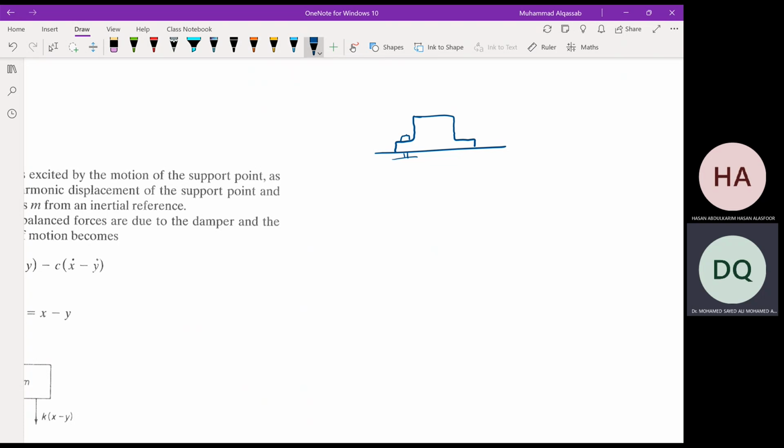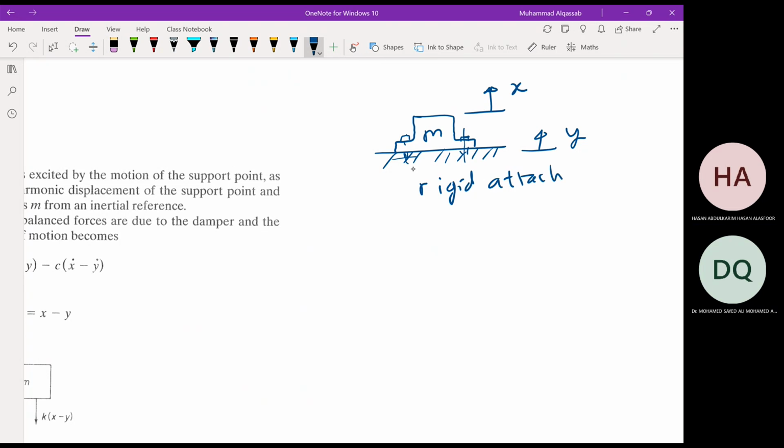Okay, this is the ground, and it is vibrating with Y. If you take the vibration of the machine, it is X. If you have a rigid attachment, we think that X equals Y, because there is no elastic member between the machine and the ground.